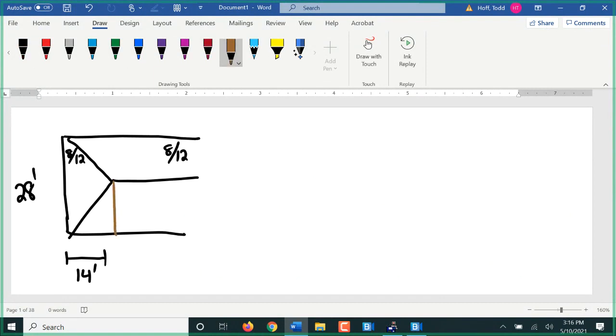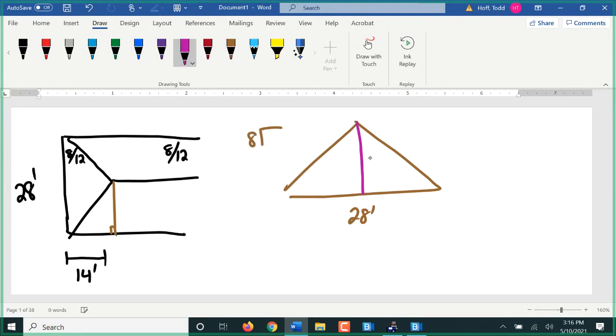So we can actually come here and find the length of our common rafter. 8 feet on a 8/12 slope. Height, a run of 14 feet. 8/12 equals h over 14.